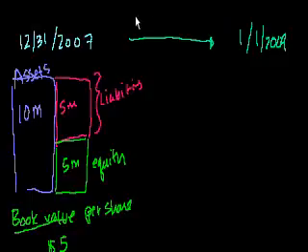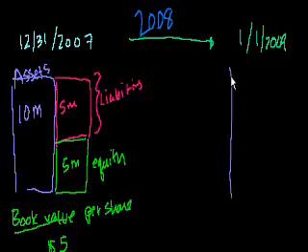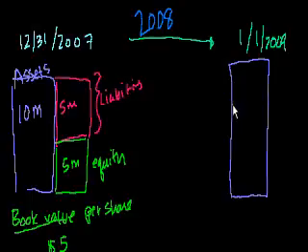Let me draw 2008. 2008 happens, at the end of which our assets would have grown a little bit. Our assets are now at $10,350,000. So I'll put this in thousands, right? This is 10,350,000. So that's the same thing as 10.35 million, right?